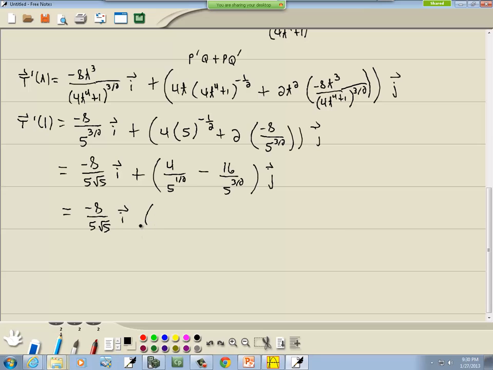So that gives us 20 over 5 to the 3/2 minus 16 over 5 to the 3/2 j. Which gives us negative 8 over 5 square root of 5 i. 20 minus 16 is 4 over 5 square root of 5 j.